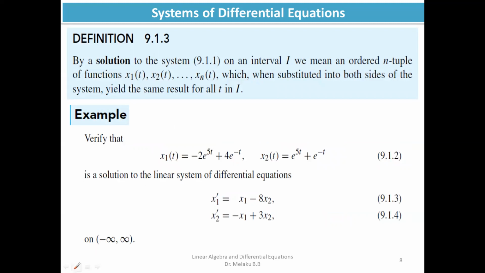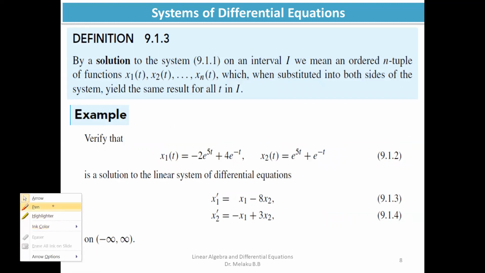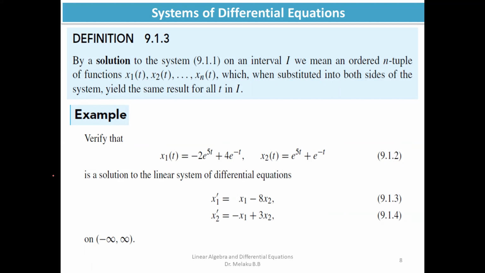So this is the homogeneous system. And when do we say that a certain function is a solution to a system of differential equations? We simply substitute into both sides of the equation, and if they turn out to be the same function, we say it is a solution of the differential equation.